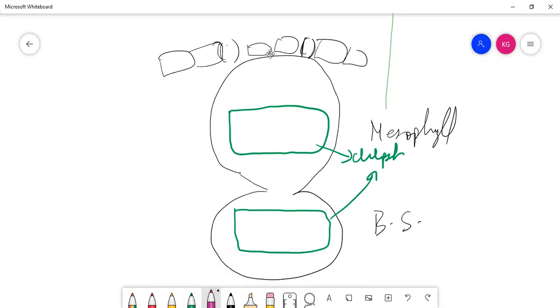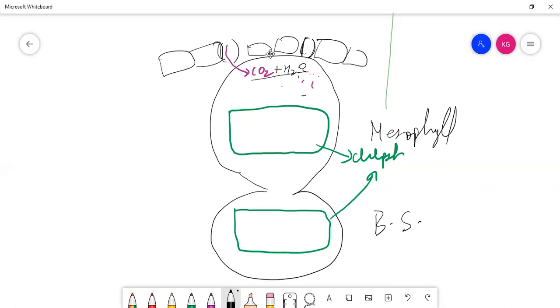CO2 enters. This is the cytoplasm of mesophyll cell. So CO2 enters, reaches the cytoplasm of mesophyll cell. In the cytoplasm of this mesophyll cell, this CO2 is combined with water through an enzyme which is called carbonic anhydrase.